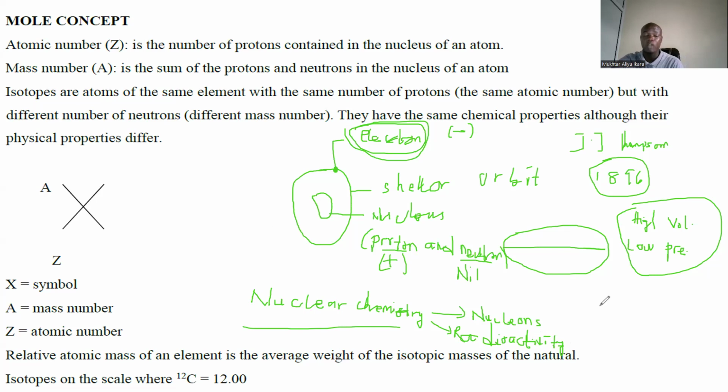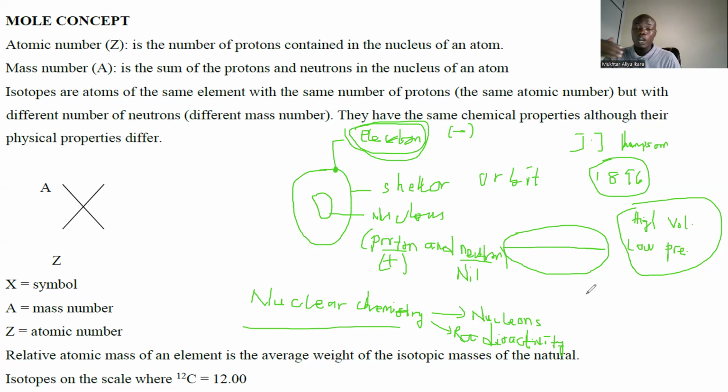Disintegration means breaking down, and spontaneous means the substances break down on their own, without the need of any external agent. So why are these elements breaking down? It is because they have an unstable nucleus.